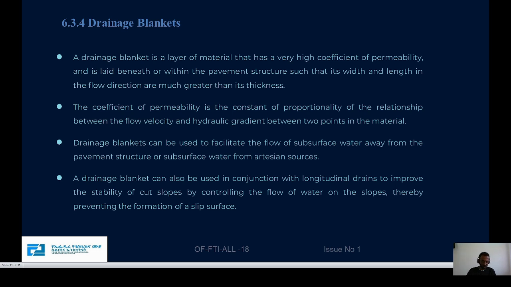So mostly the drainage blankets can also be used in conjunction with longitudinal drainage to improve the stability.